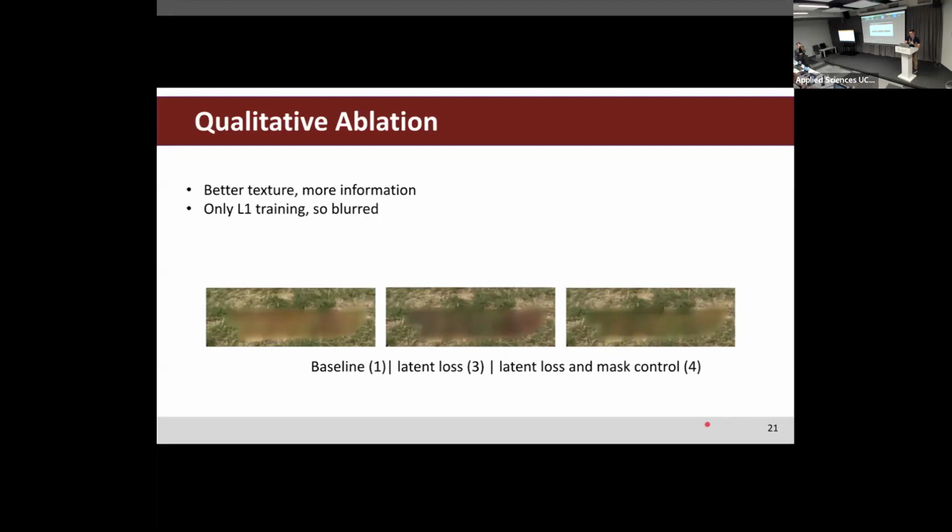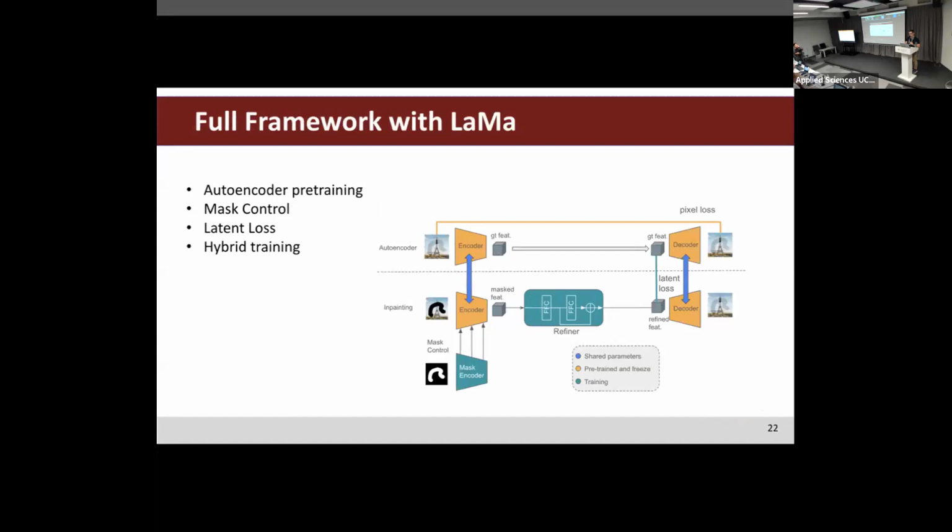But for the final, to make it more comparable and to achieve better inpainting results visually, we combine all these changes in the final framework with the LaMa model. So firstly, we pre-trained an autoencoder using the encoder and decoder from LaMa to work as an autoencoder.